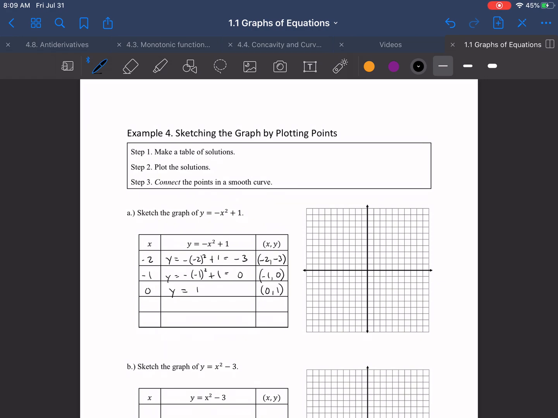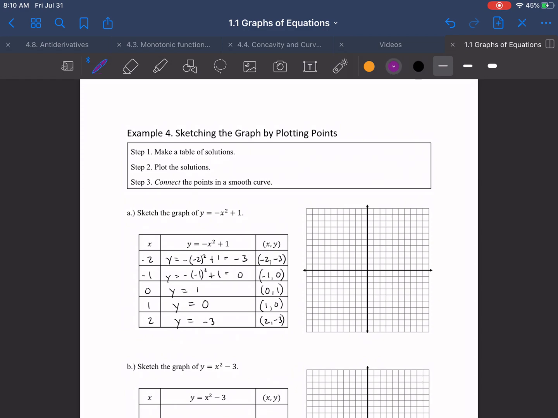Then you can try plugging in 1. And when you plug it in, you're going to get y equals 0. And so you get the point 1, 0. And then you can try plugging in 2. And 2 is going to give you y equals negative of 2 squared, so negative 4 plus 1, which is a negative 3. And so you get 2, negative 3, just like that.